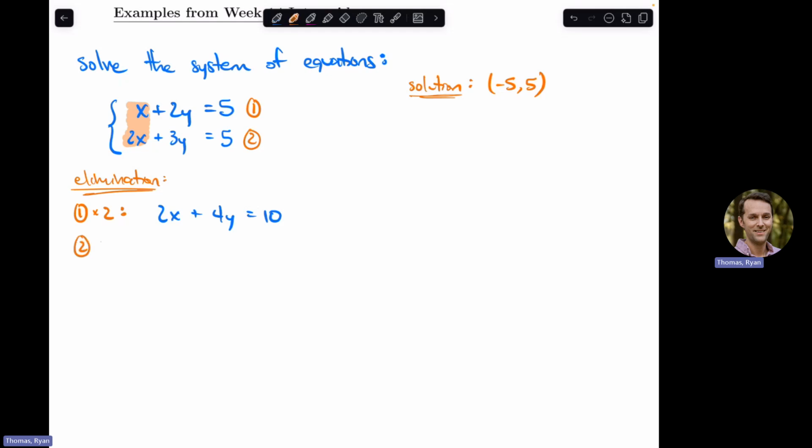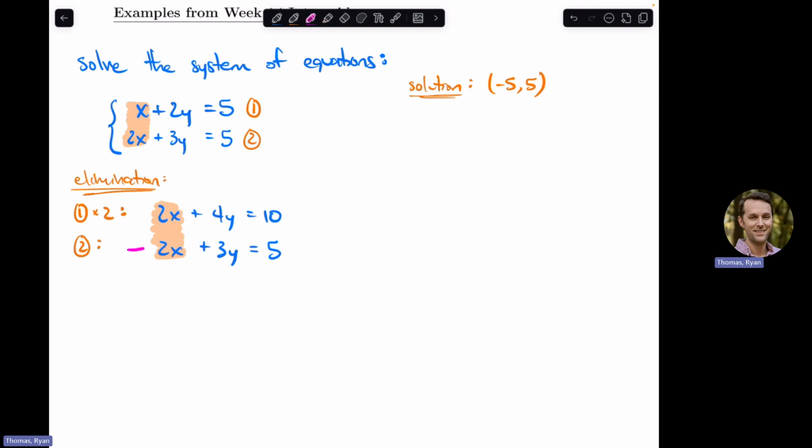And then I'm just going to copy the other equation, equation 2, down right under it. So I'm just carrying this down, 2x plus 3y equals 5, so that I have them kind of lined up with each other. Well, now notice that what I've done by scaling that first equation is made the coefficient on x match.